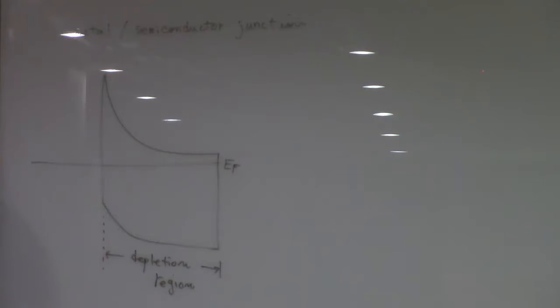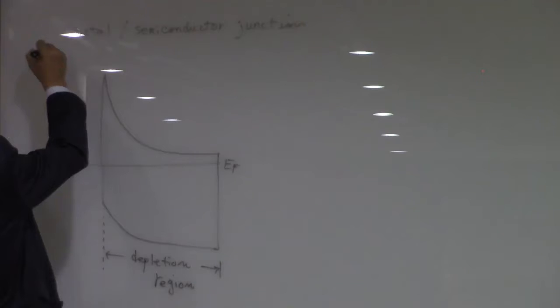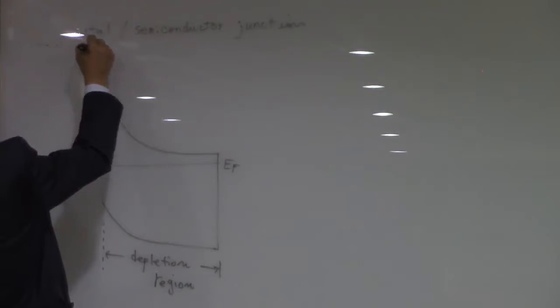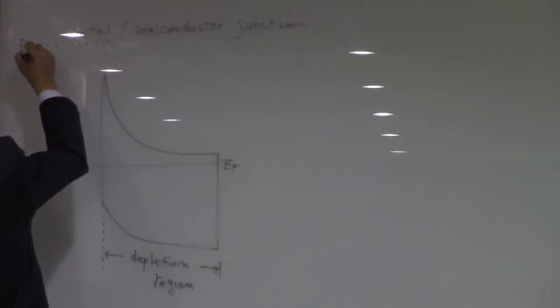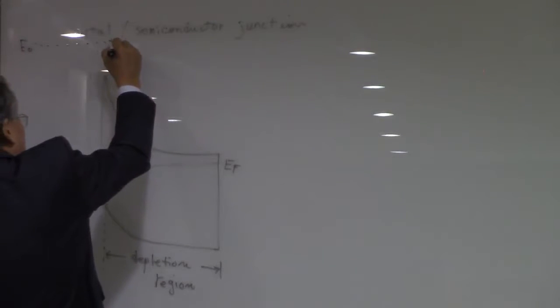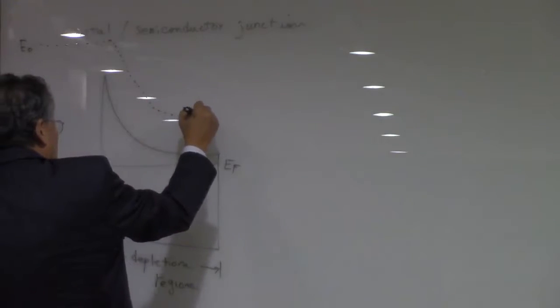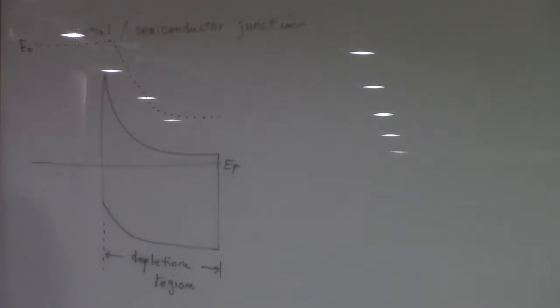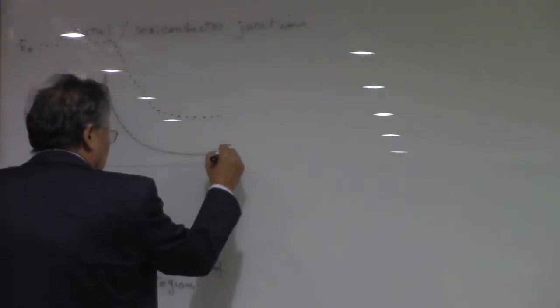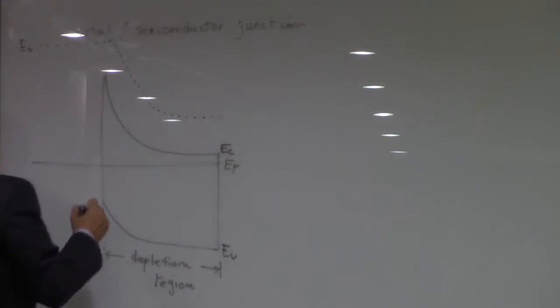Okay. And here, if we set the vacuum level as E naught, this E naught is going to be bent accordingly to the conduction band of the semiconductor, like this.